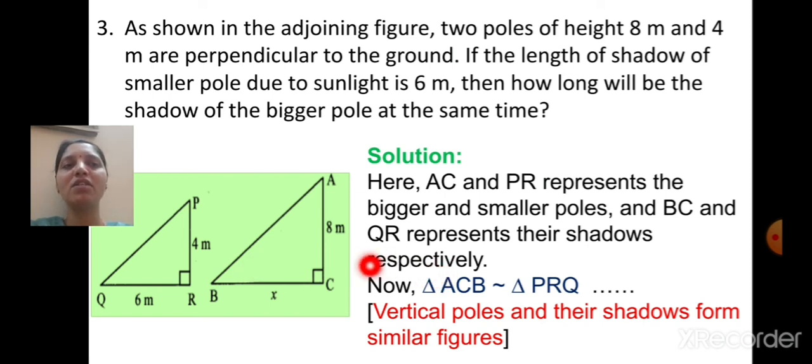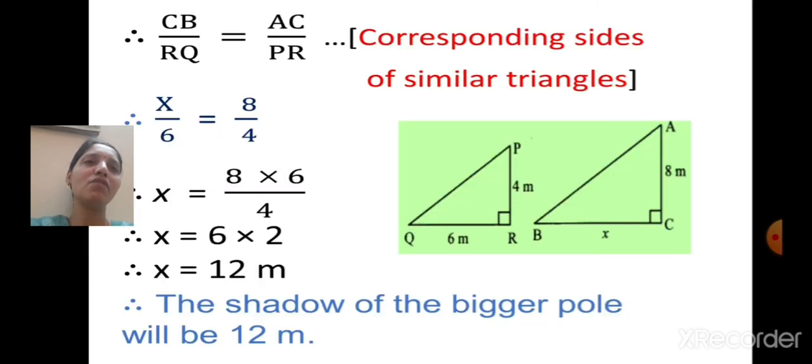Because of this reason we can show that triangle ACB is similar to triangle PRQ. Okay. Now if these two triangles are similar, that means their corresponding sides must be in the same proportion. So here you will get CB upon RQ is equal to AC upon PR, corresponding sides of similar triangles.